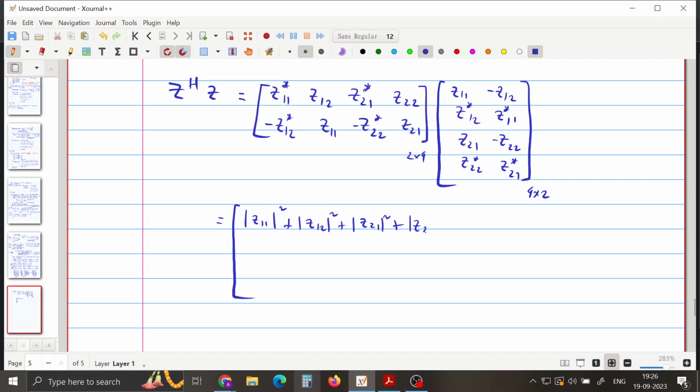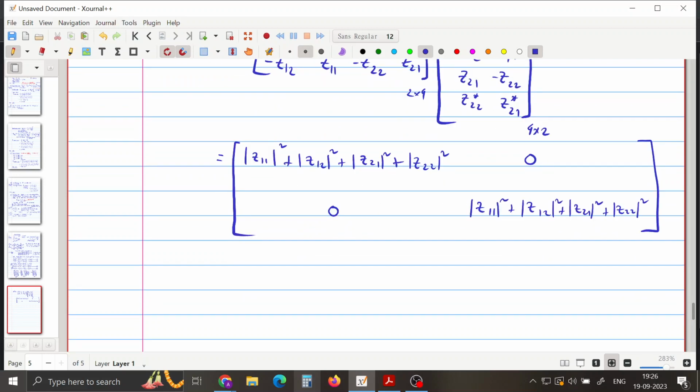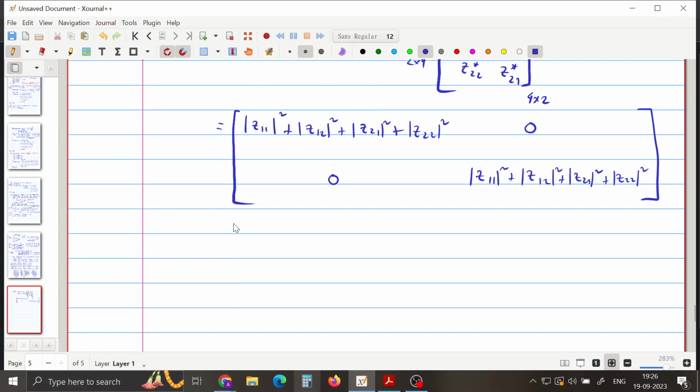That's exactly what we got before also, right? Instead of these 4 terms, previously there was only mod z1 squared plus mod z2 squared, right? And these off diagonal elements will be 0. You can calculate and check. And this again would be this.